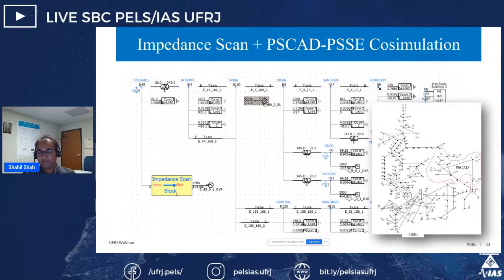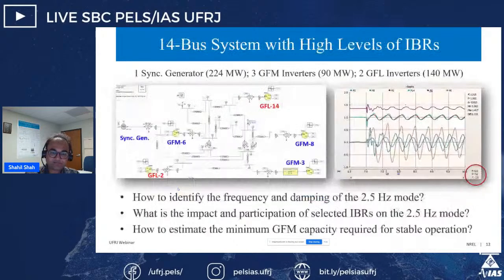So we model the onshore grid in PSS/E, and the offshore grid, which includes offshore wind power plants and HVDC and HVAC transmission lines, in PSCAD. We couple them together through co-simulation tools, and then use this impedance scan tool to understand the stability impact of all the offshore wind generation.